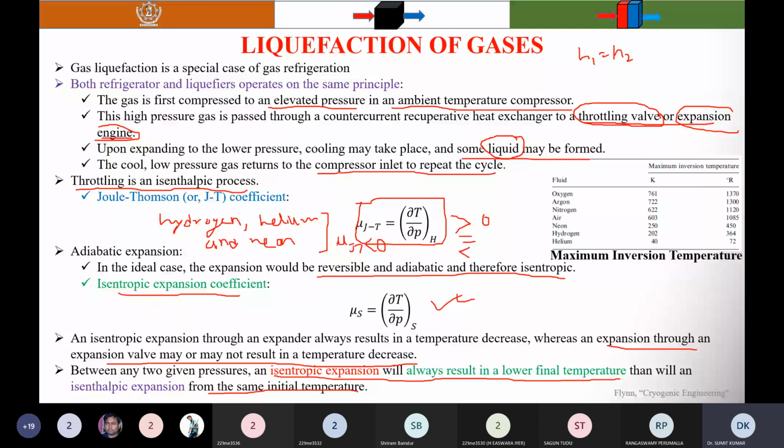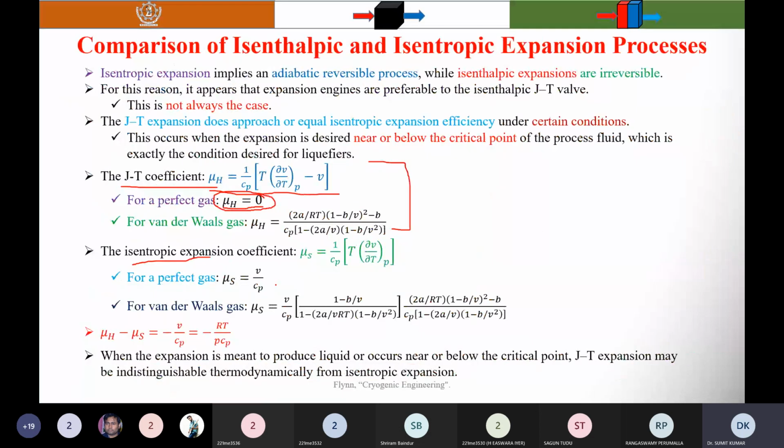Okay, so I am going to discuss under which conditions the Joule-Thomson expansion approaches the isentropic expansion coefficient. Here you can see that an isentropic expansion implies an adiabatic reversible process, while isenthalpic expansions are irreversible.